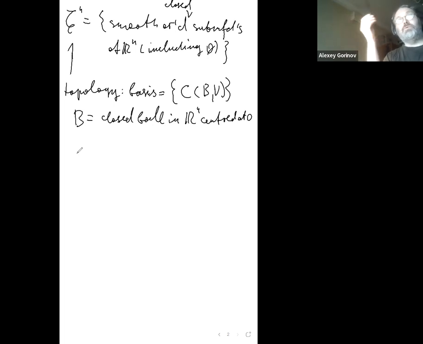As a basis, we take all sets CBV. But what is CBV? What is B? B is simply a closed ball of some radius about the origin.